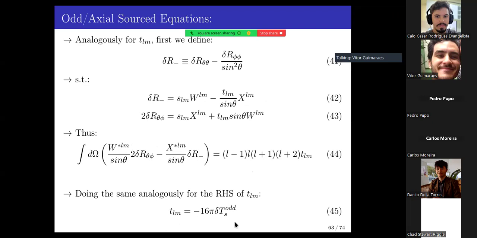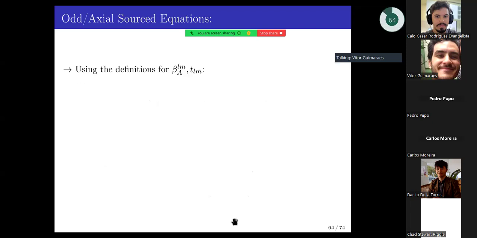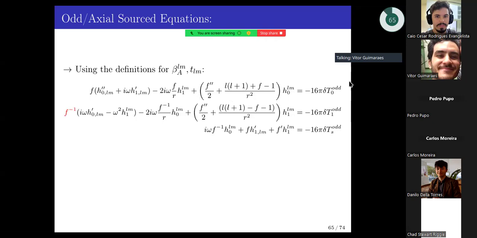And then you have your third equation, third odd equation. So now, using the definitions of the three equations, 2 here and 1 here, we have the 3 odd Einstein equations.